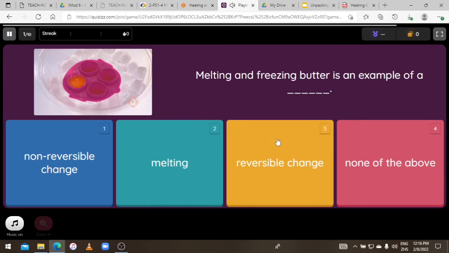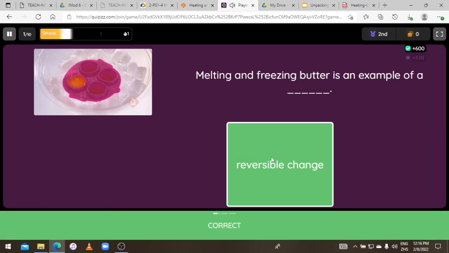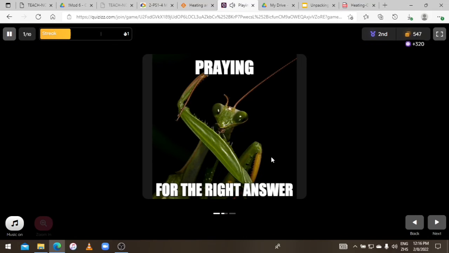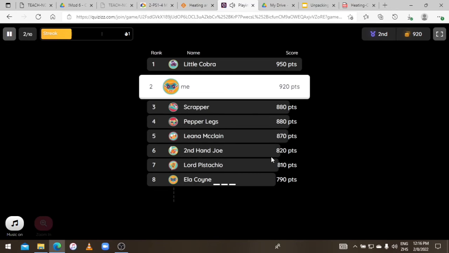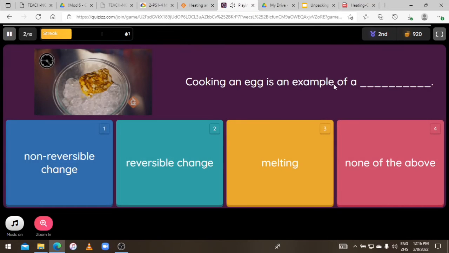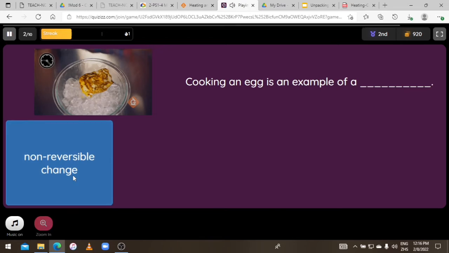Melting and freezing butter is an example of a reversible change. Cooking an egg is an example of a non-reversible change.